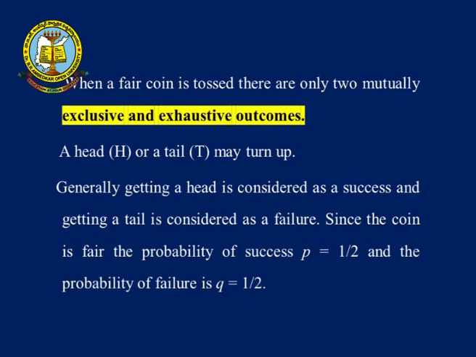You know the definition of probability: probability is defined as the favorable number of cases by the exhaustive number of cases. That is why the probability of getting a head is equal to 1 by 2, and the probability of failure is represented by Q, Q is equal to 1 by 2.